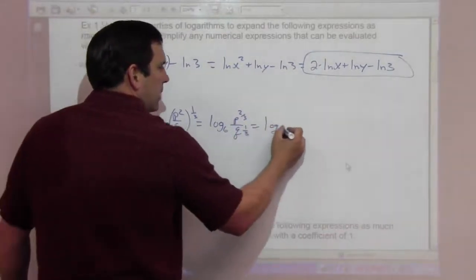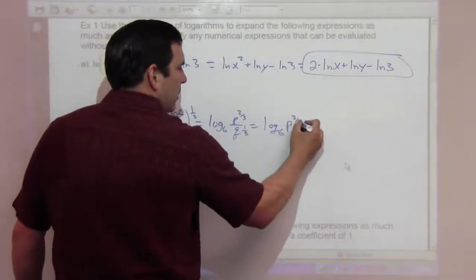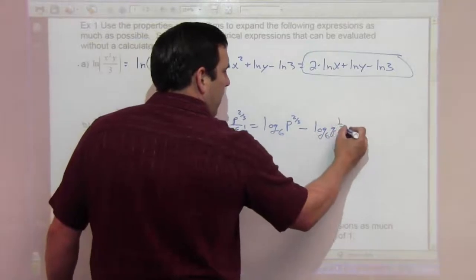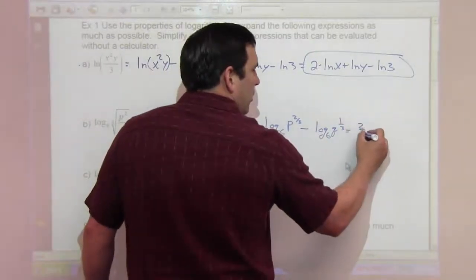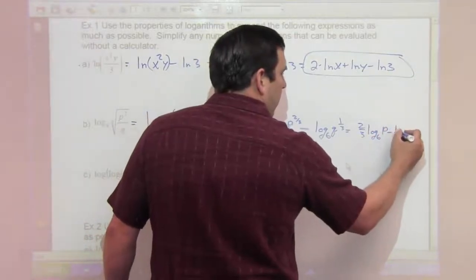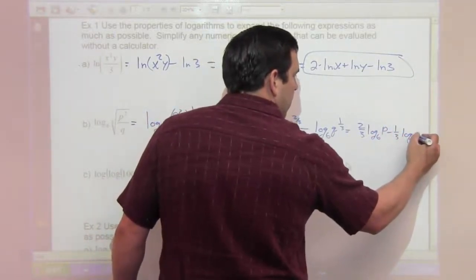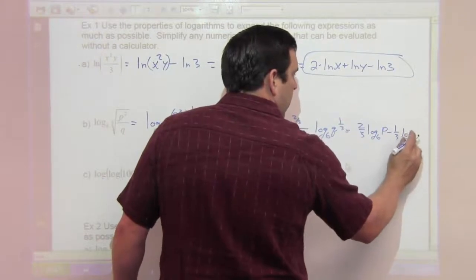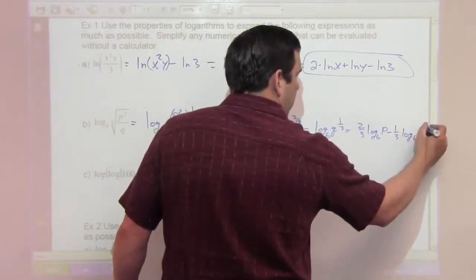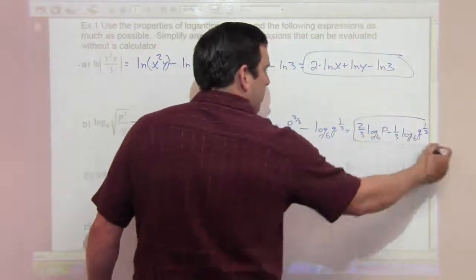That's log base 6 of p to the 2/3 minus log base 6 of q to the 1/3, which would become 2/3 log base 6 of p minus 1/3 log base 6 of q. There we go.